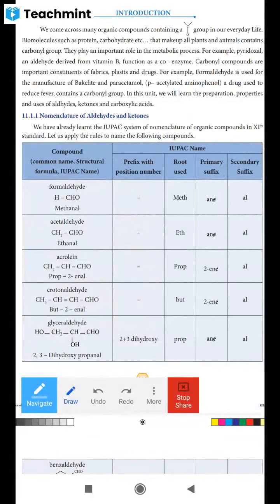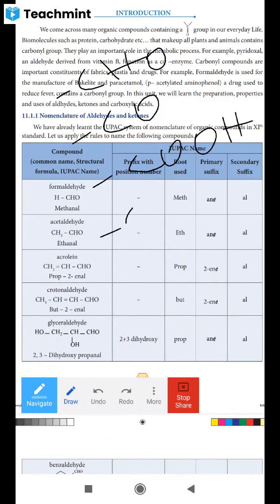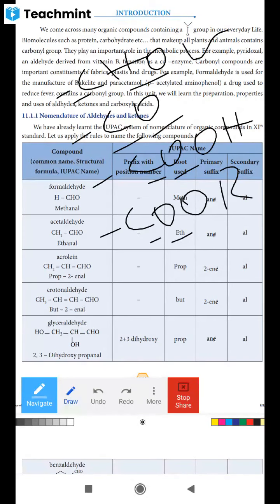Now why are we calling them carbonyl compounds? Because they contain carbon and oxygen. All of these have carbon and oxygen in the functional group, so we call them carbonyl compounds. First one is aldehyde.